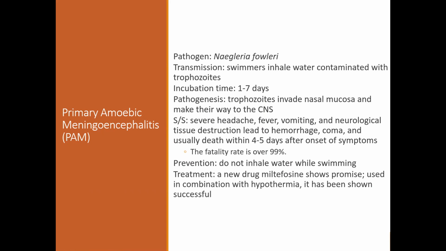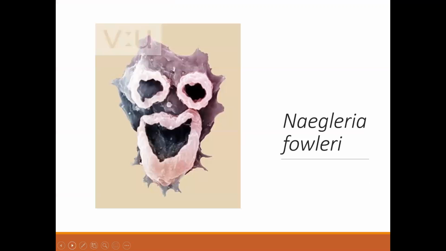What happens is someone's swimming around in a lake and they get water up their nose that contains the trophozoites, and they invade the nasal mucosa, make their way up to the central nervous system, leads to headache, fever, and then it starts to destroy brain tissue, leading to hemorrhage, coma, and death. Fatality rate's over 99%. There's only been a couple of individuals that have survived this.